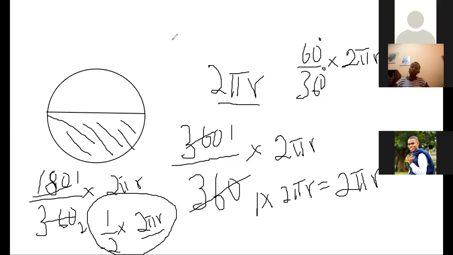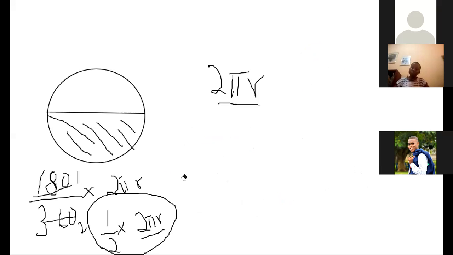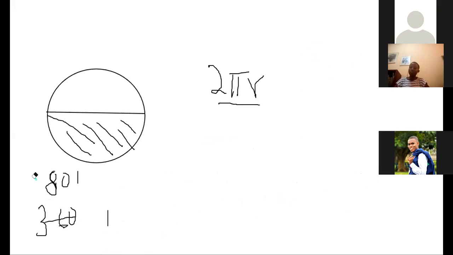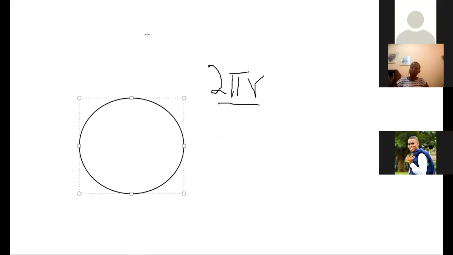So with this explanation, you can say that given the formula 2 pi r to be the circumference of the full circle, then any angle that you get in this circle, which is this side, is what? 60 degrees.